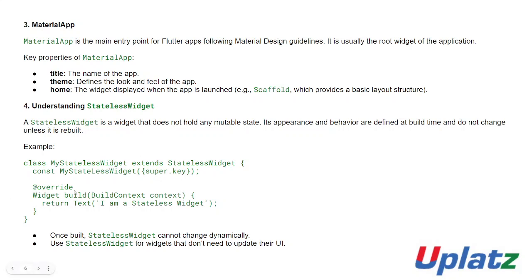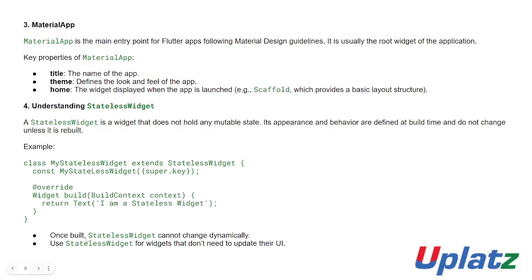Then override build, override Widget build. It returns a widget. BuildContext context. Then curly bracket open, return Text within quotes, I am a stateless widget, then semicolon. Then this build is closed, then this class is closed.